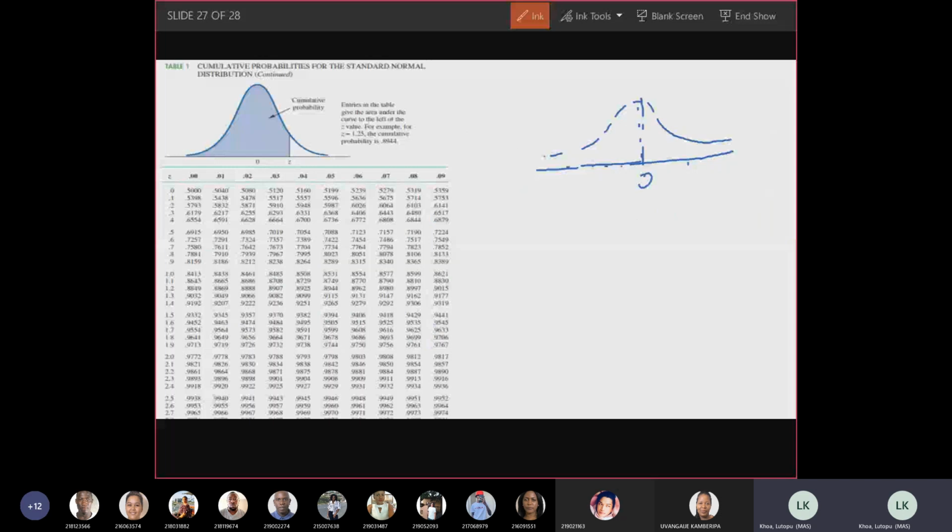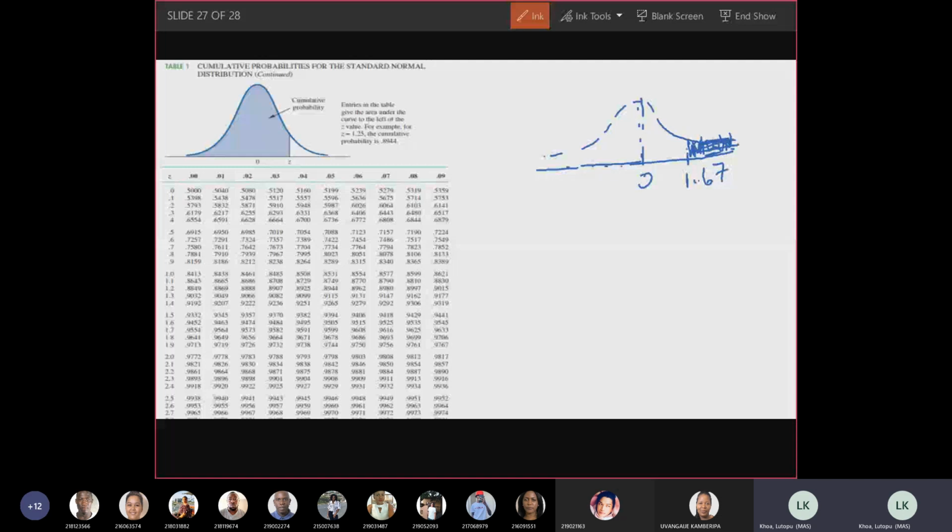This is 1.67. And we said we want the probability that z is greater than. Now greater than, if you remember your number line, numbers that are greater are on the right of the number line. So we're looking for this area over here.